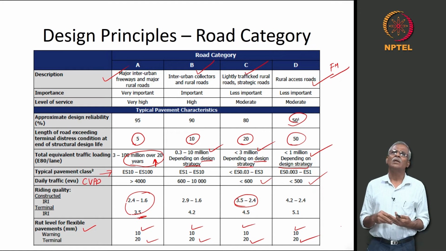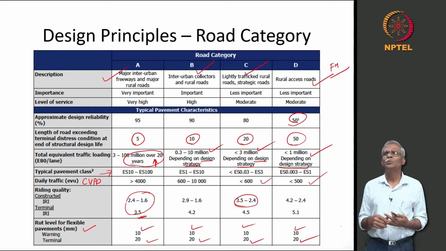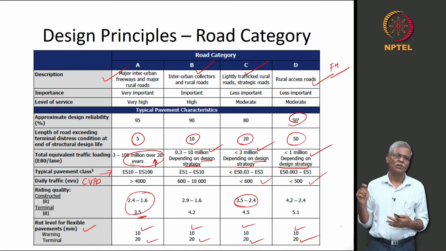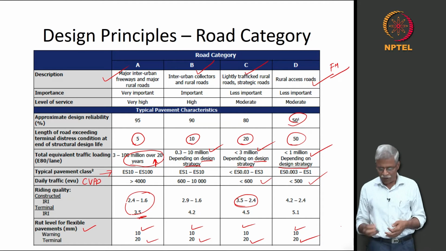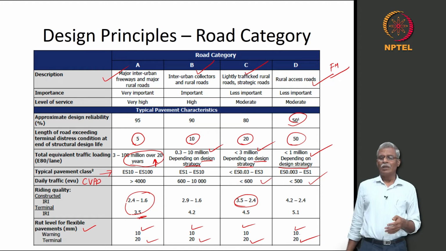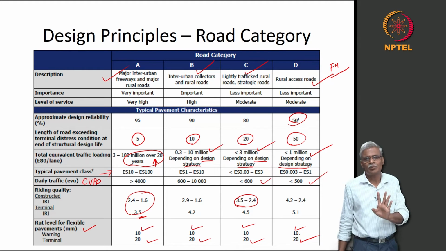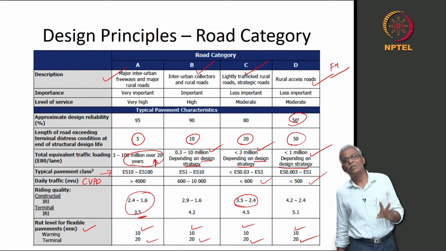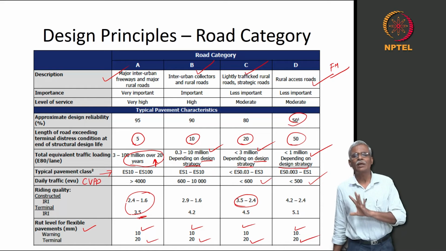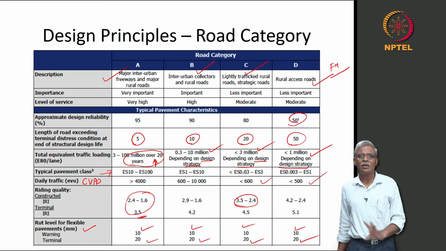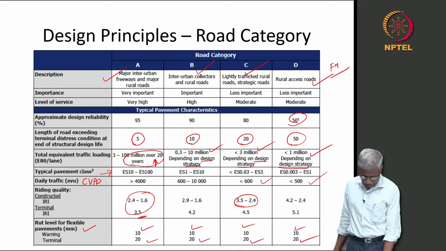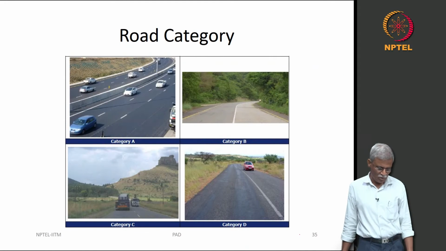Did we see a separate classification in terms of IRI, in terms of rut depth for different classes of vehicle? But the most important point that you need to note here is that the class of the road may be less important, but the acceptable rut depth remains the same irrespective of the level of service of the road. That is the most important thing.